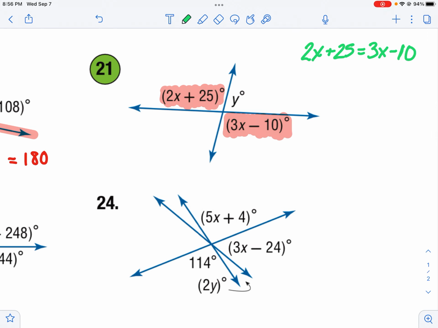I'll show you the answer on this one. Here x should be 35, which means that I should end up with 95 and 95.